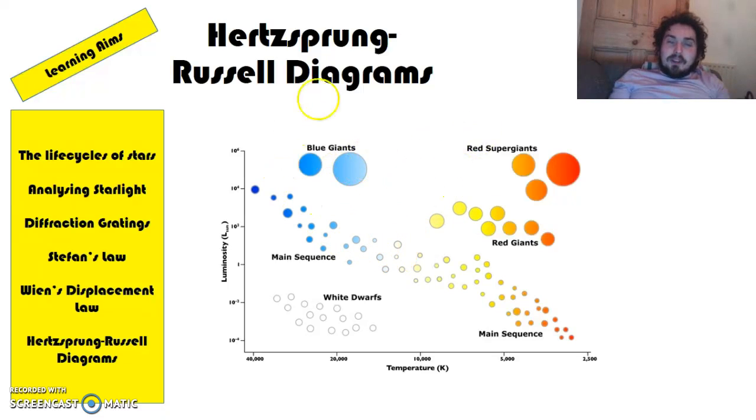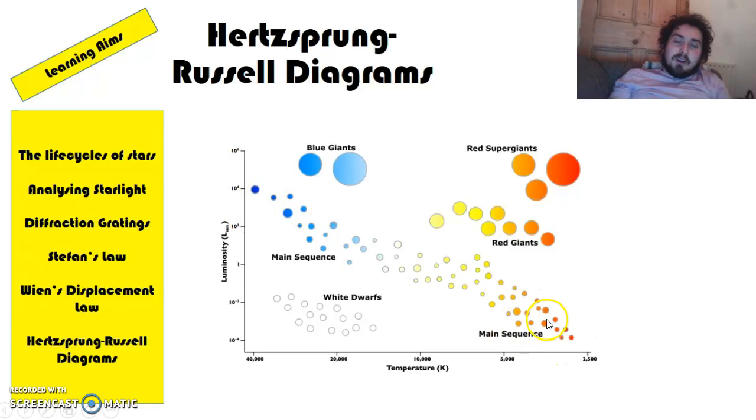We've got our main sequence down at the bottom here, and that main sequence band goes all the way from the bottom right, generally straight up to the top left.